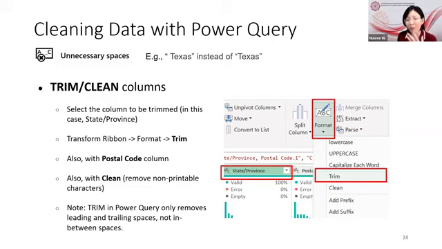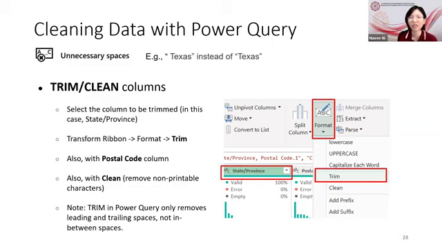Actually, we can also apply this to every column that is ABC, which is text. It's best practice to do that, because we only use our bare eyes and don't actually see whether there are unnecessary spaces over there. So it's usually quite safe to do trim and clean on almost every column that is text or strings.